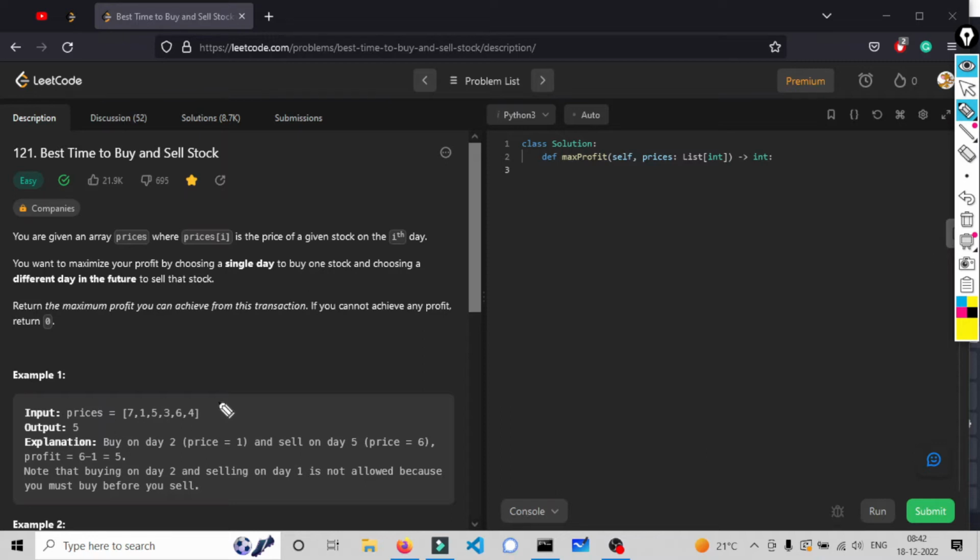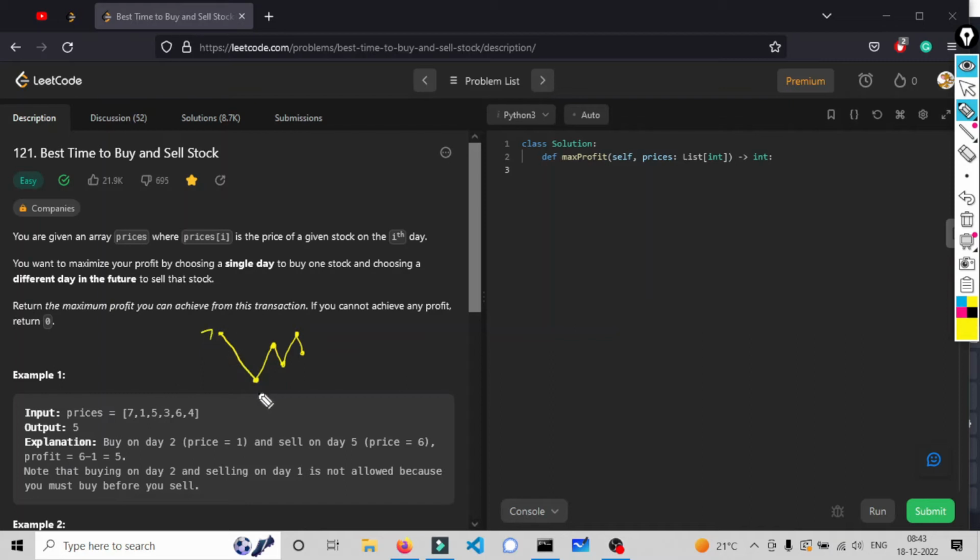Okay, so let me just draw one diagram. A stock price starting at 7, then falling to 1, then again going up to 5, then again going below to 3, then again going up to 6, then going below to 4, right?